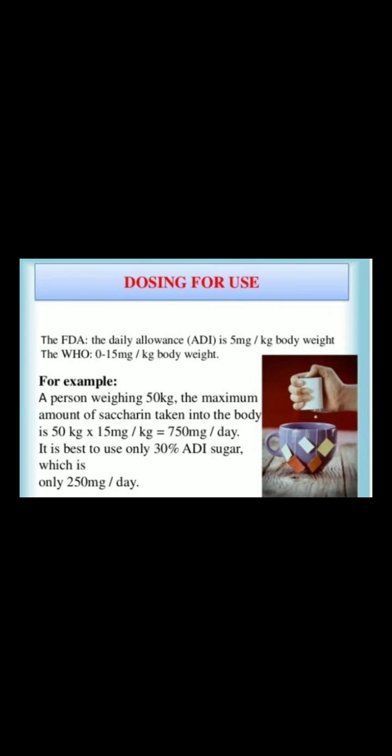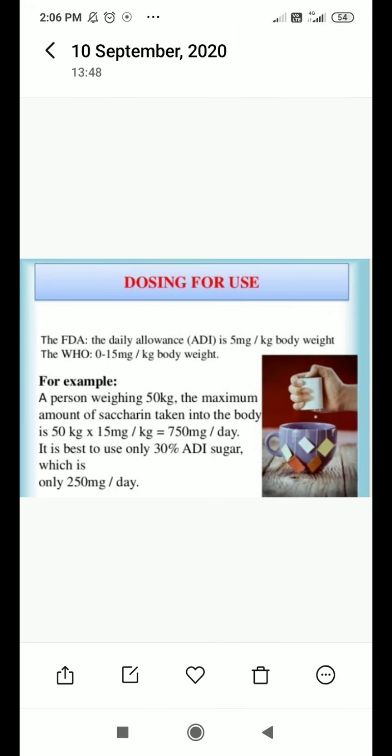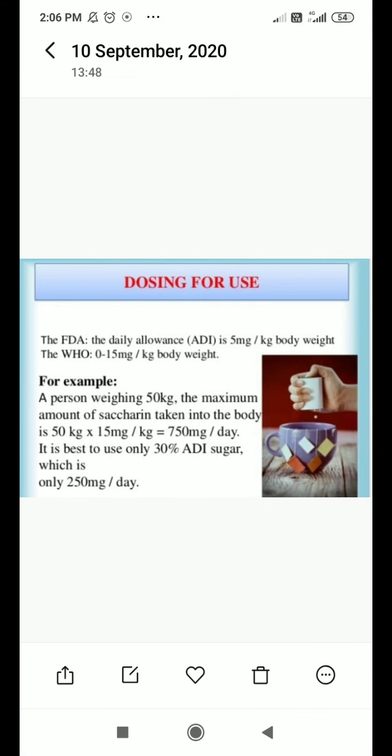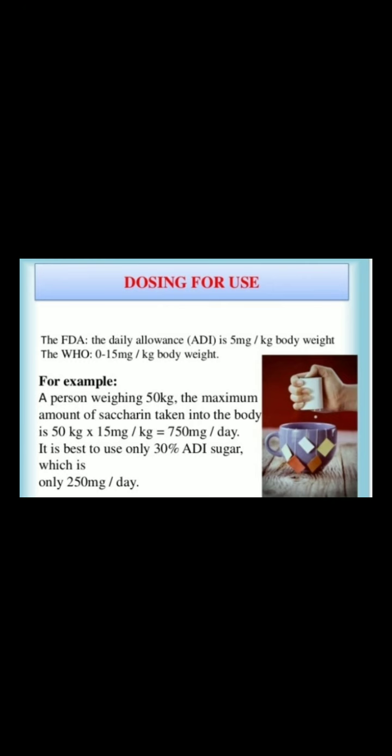According to the FDA, this is the maximum dose allowed in a single day if you are consuming this saccharin. The limit, according to the FDA, is 5 mg per kg body weight.